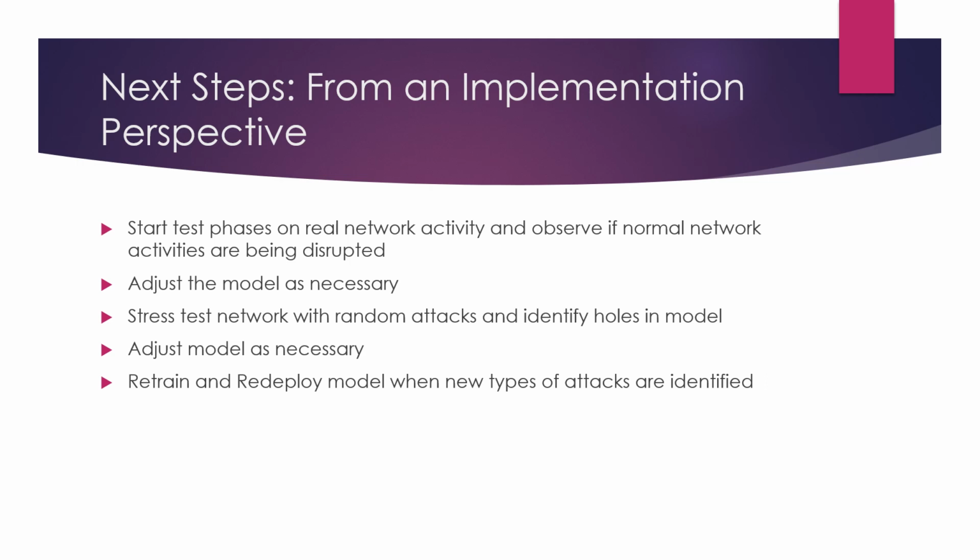We're going to repeat steps 1 through 4 until we have an acceptable network that complies with regulations. And then finally, as a 5th step, when new types of attacks are discovered, we're going to retrain and redeploy the models with the new types of attacks that are identified.